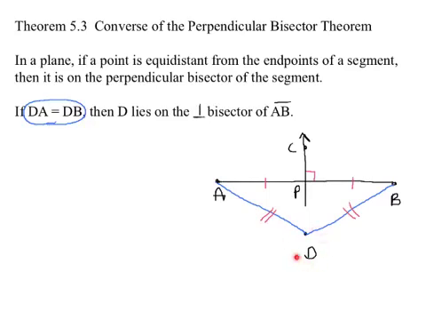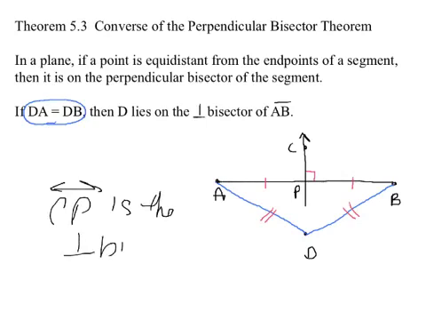So if DA is equal to DB, then D lies on the perpendicular bisector of AB, where CP is the perpendicular bisector.